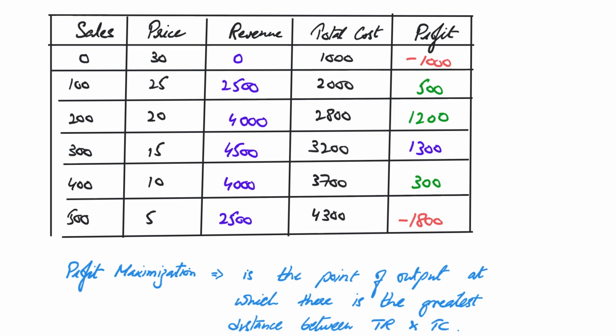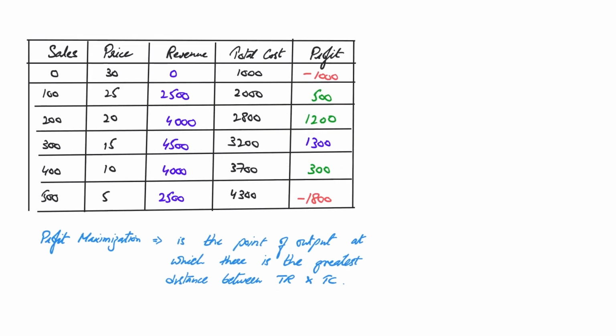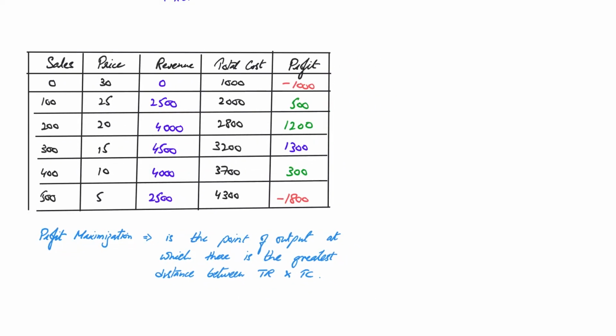Now, basically with this table that we have, a diagram can be made, and how will this diagram look? Okay, I'm just going to give you a rough idea as to how this diagram is going to look. So do make it.